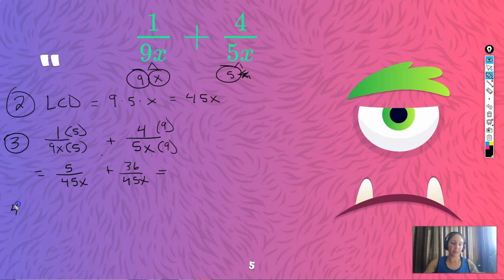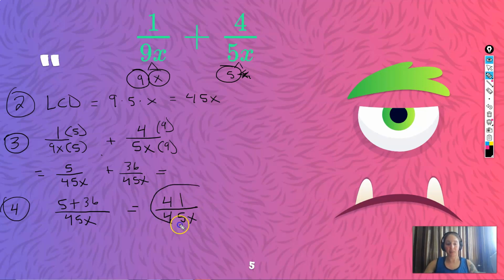So now step 4 says just combine, add or subtract numerators over 45x. 5 plus 36 is 41. Hey, this shows up again. Over 45x. 41, 45, no common factors. So we're done. We're simplified. So 1 over 9x plus 4 over 5x combines to be 41 over 45x.